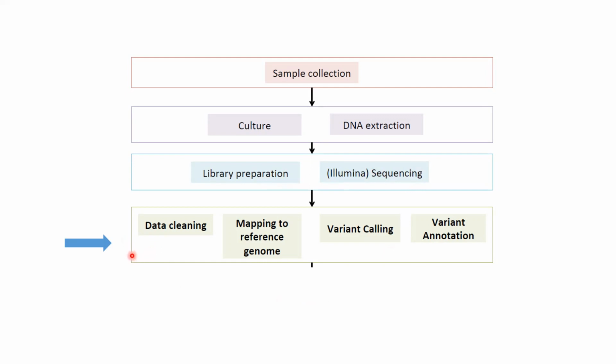And here I have split this bioinformatic analysis in 4 categories, which is data cleaning of the raw sequences, mapping our sequencing reads to a reference genome, doing our variant call, and then annotating those variants. Basically, these are the 4 main steps which I will be covering in this webinar.